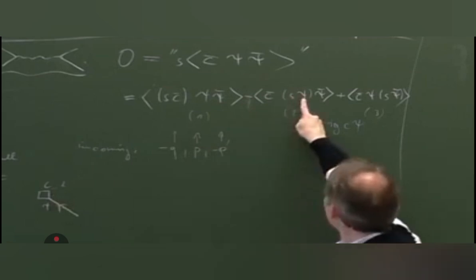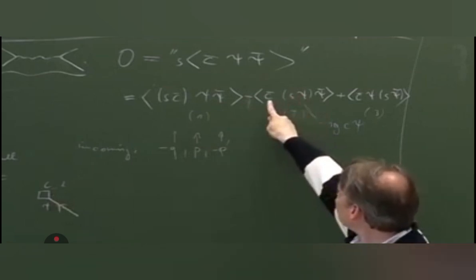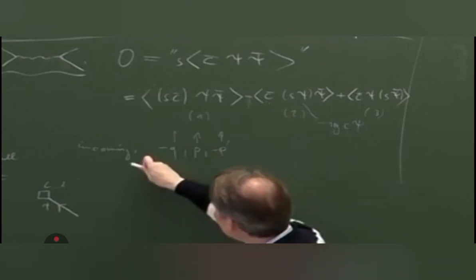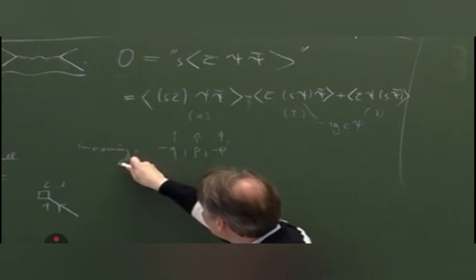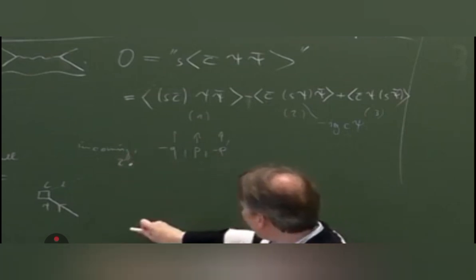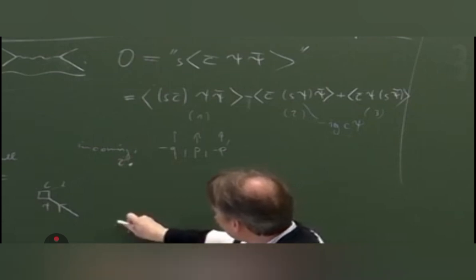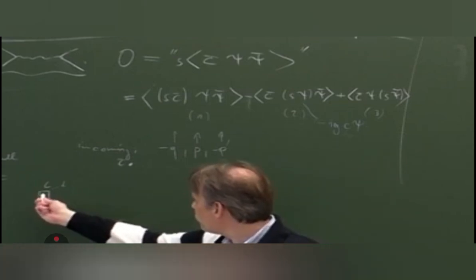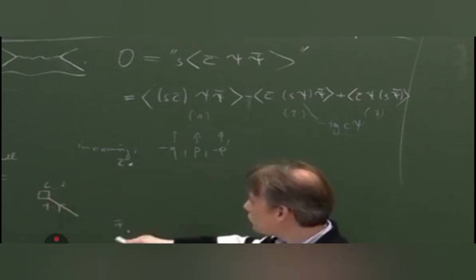Okay, so that corresponds to this vertex, and then we need otherwise an external C bar. So there must be an external point with a C bar, and there must be an external point with a psi bar. How can a Feynman diagram look like which contains this vertex, this external point and that external point?